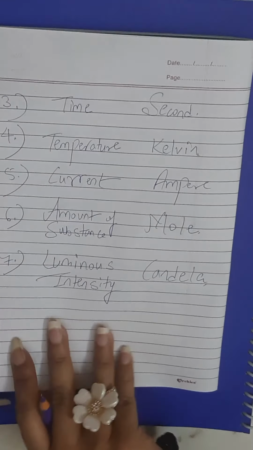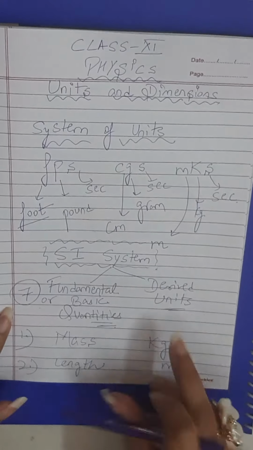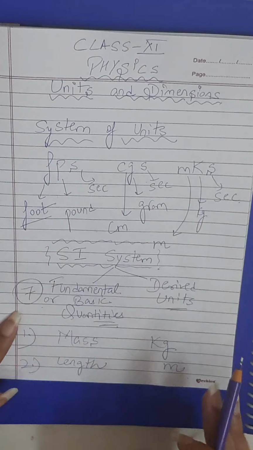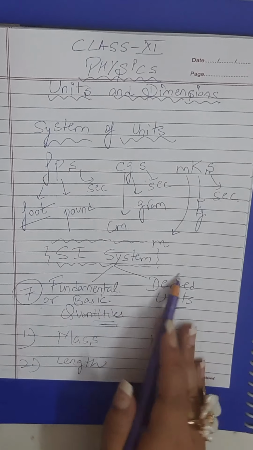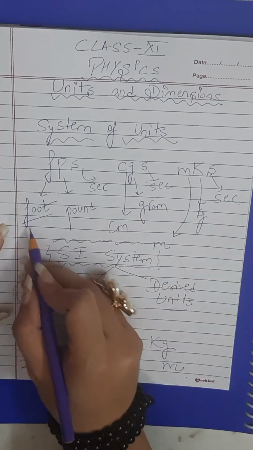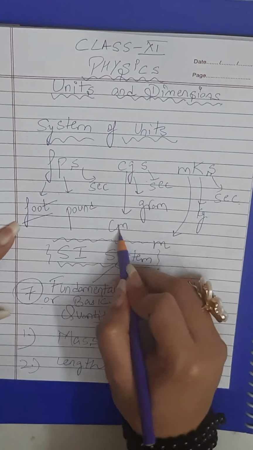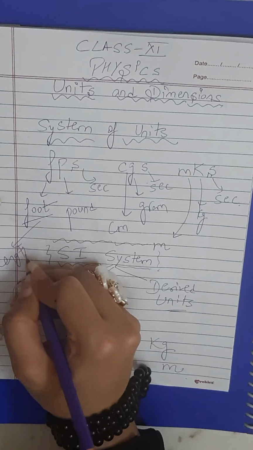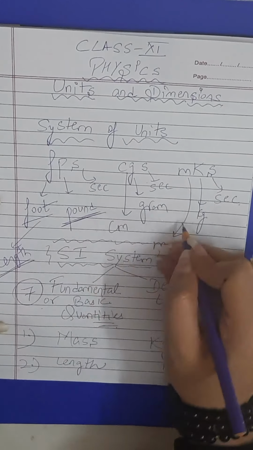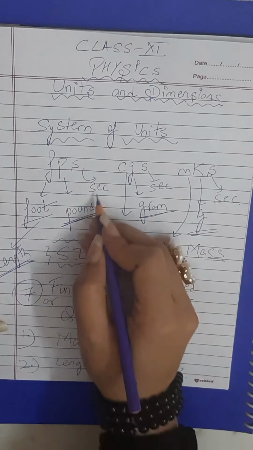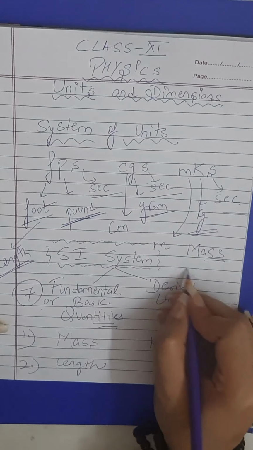If you have noticed so far in all the systems, be it your FPS system, CGS system, MKS system or in fact the SI system, 3 चीज़ें common हैं. यहाँ पे जो आपका foot है या सेंटीमीटर है या मीटर है, these represent length. पाउंड हो गया, ग्राम हो गया, केजी हो गया, these represent mass. And second we all know is for time.